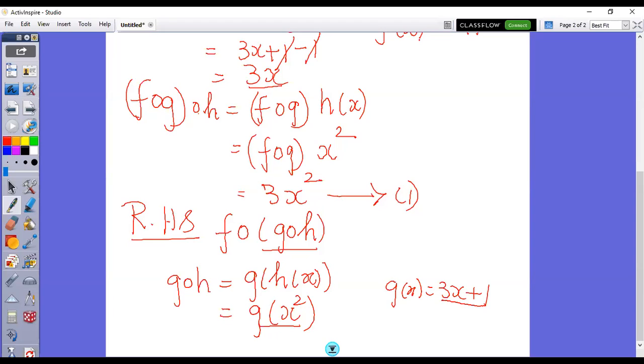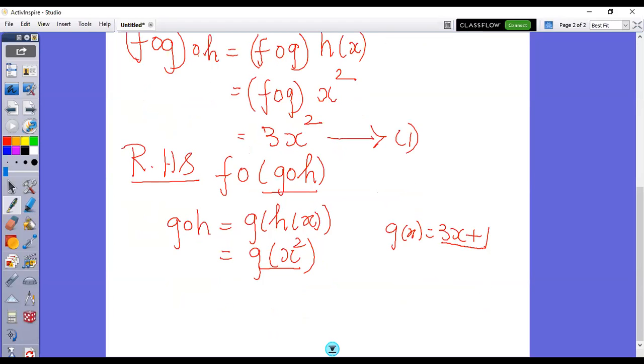Next, equal to 3x square plus 1, substituting the x value. Then the g of x value has minus 1.